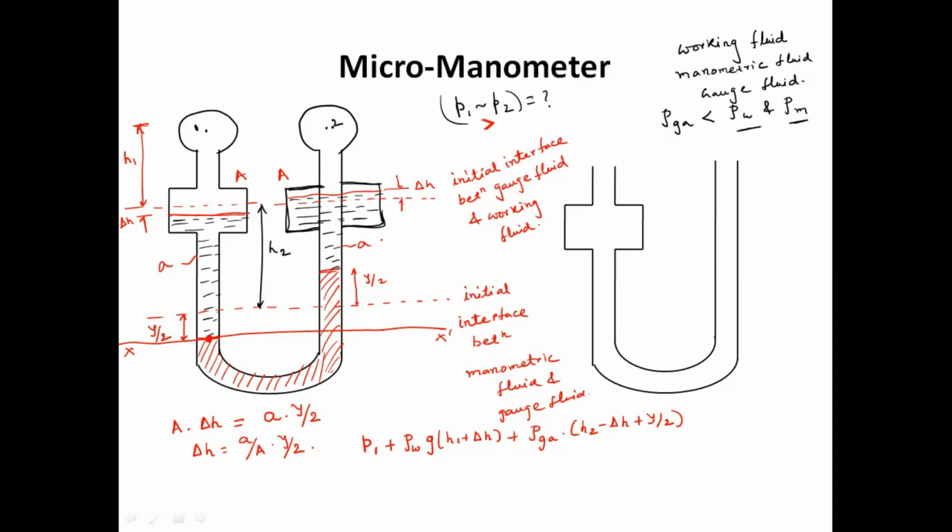Similarly, coming from this side, that should be equal to P2 plus rho W g (H1 minus delta H) plus rho G, gauge fluid, (H2 plus delta H minus Y by 2), and the remaining part rho of manometric fluid g into Y. That is the total equation.